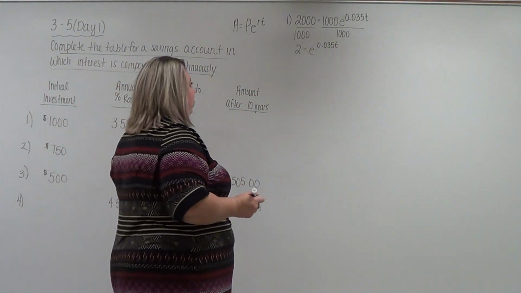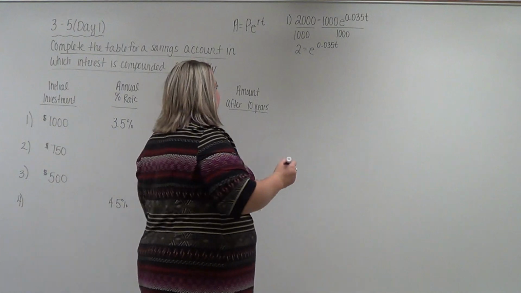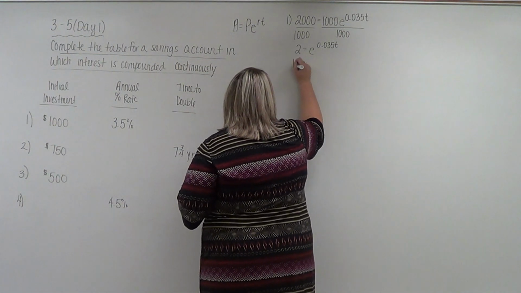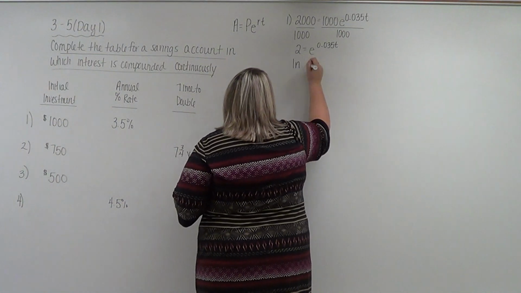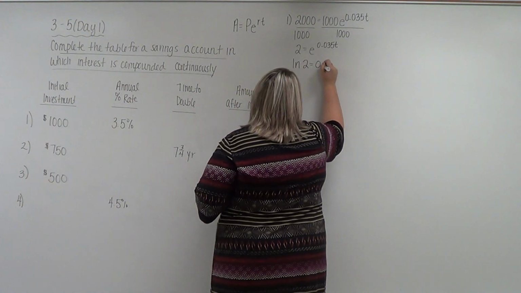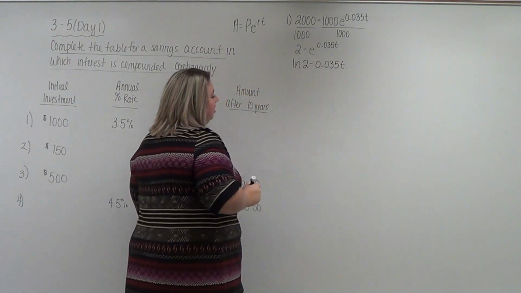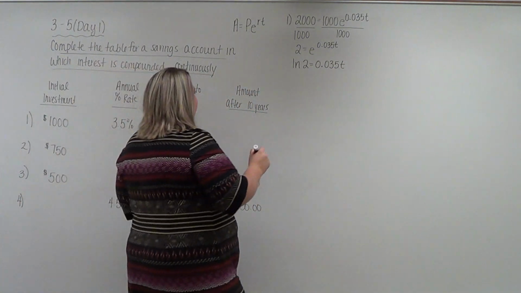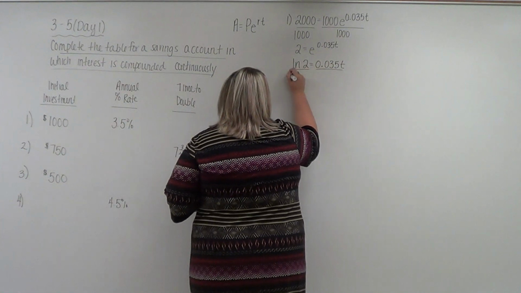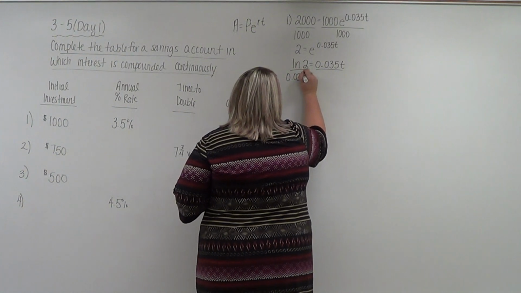Then to solve, you're going to write it like a log. So this would be log e, which would be ln of 2 equals 0.035t. And then to solve for t, I would divide both sides by 0.035.